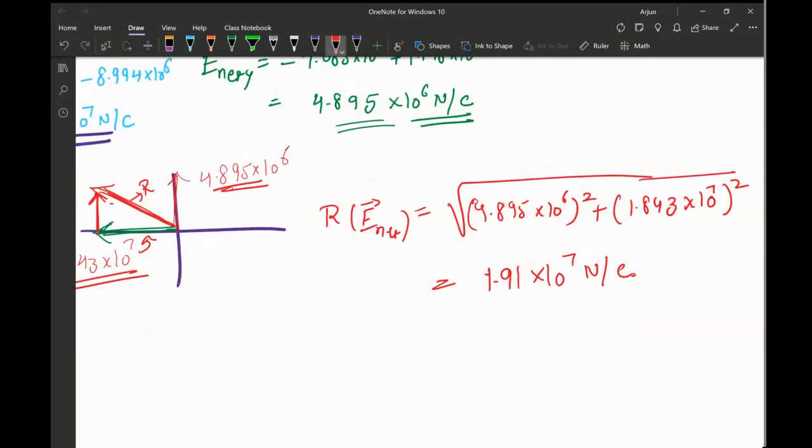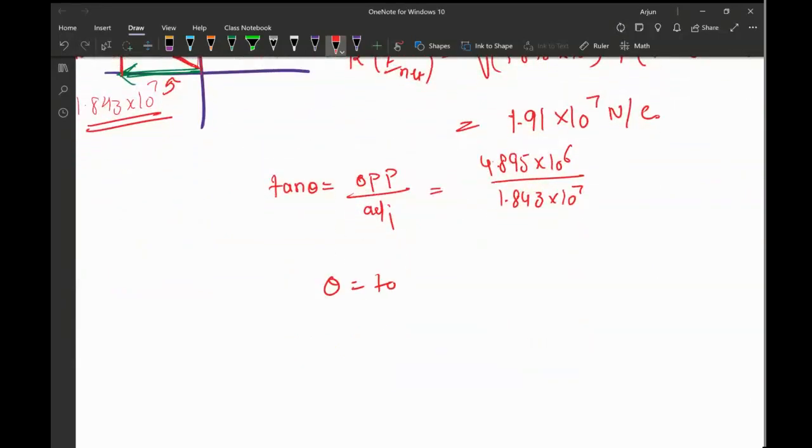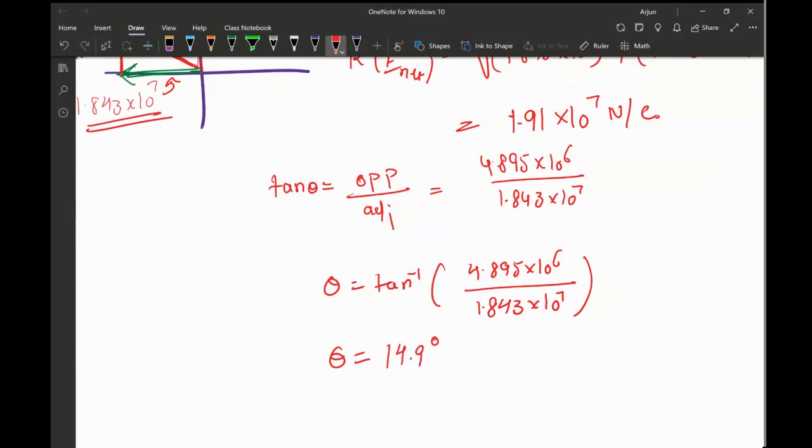And then I can also find the angle. Tangent theta is equal to opposite upon adjacent, which is 4.895 times 10 raised to the power 6 divided by 1.843 times 10 raised to the power 7. Then theta will be tangent inverse of that, and I can find the angle theta, which is 14.9 degrees.